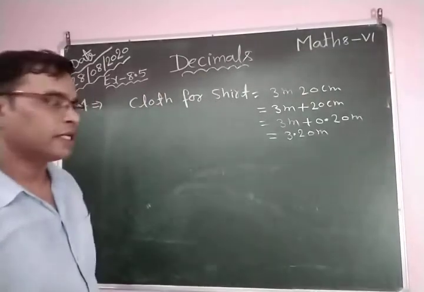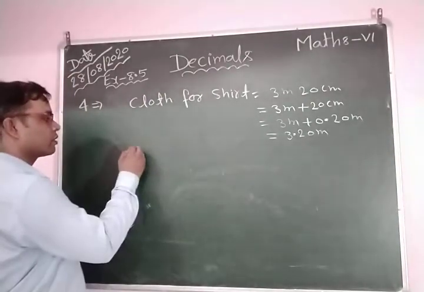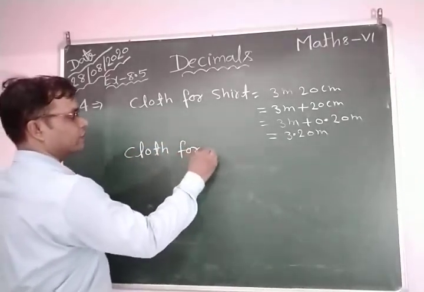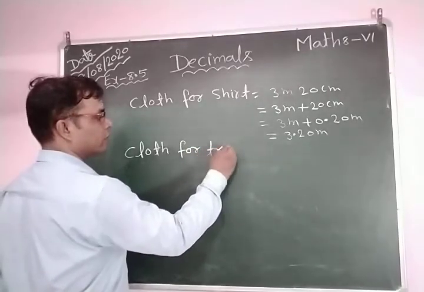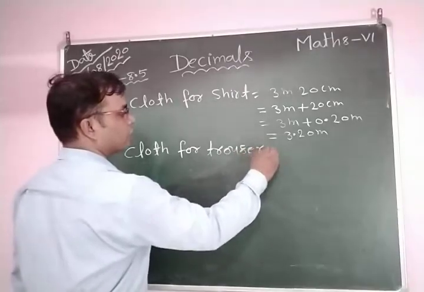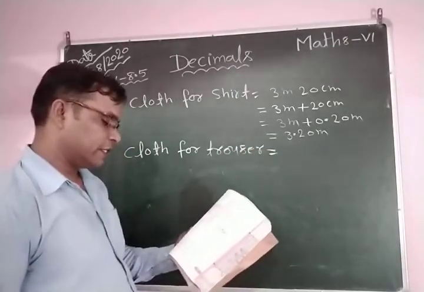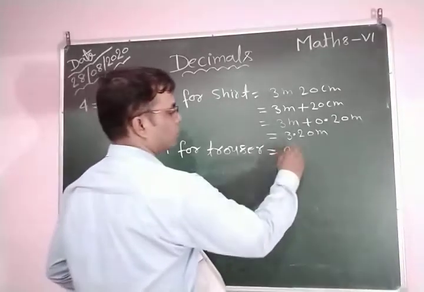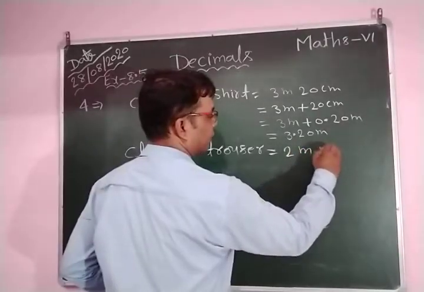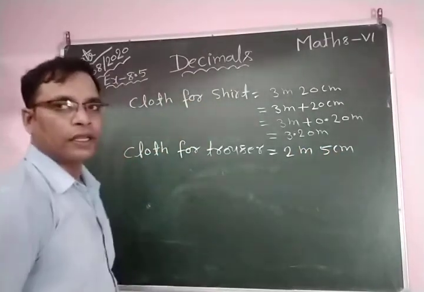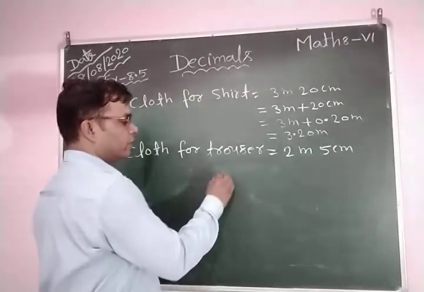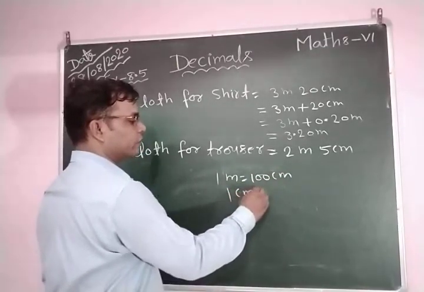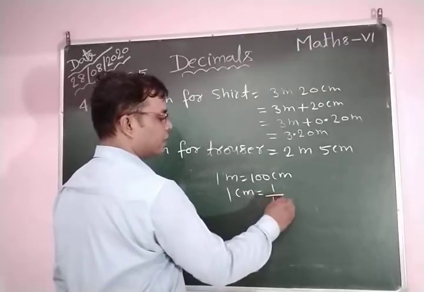The cloth for trouser is given here. This is equal to 2 meter 5 centimeters. Again we know that 1 meter is equal to 100 centimeter, or 1 centimeter is equal to 1 by 100 meter.